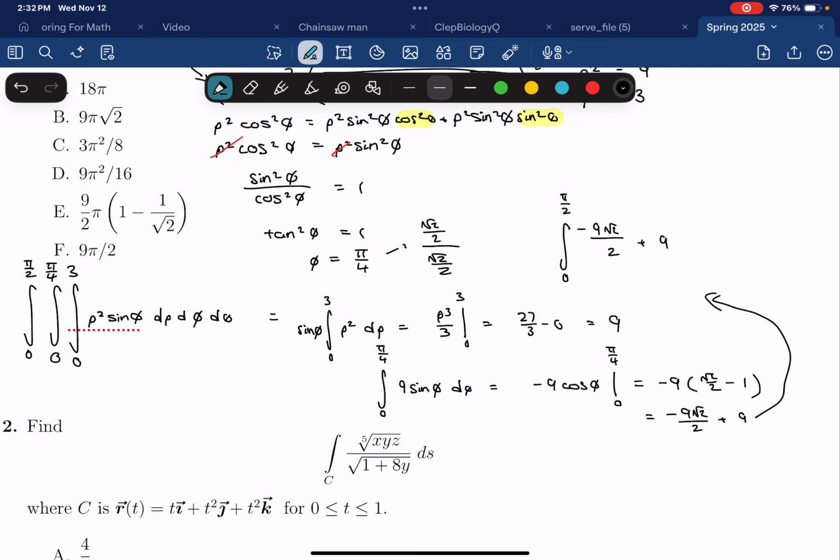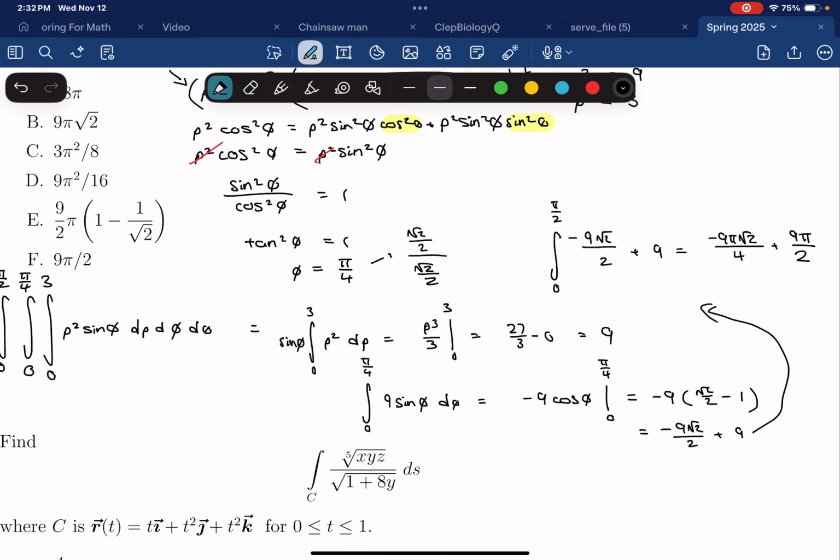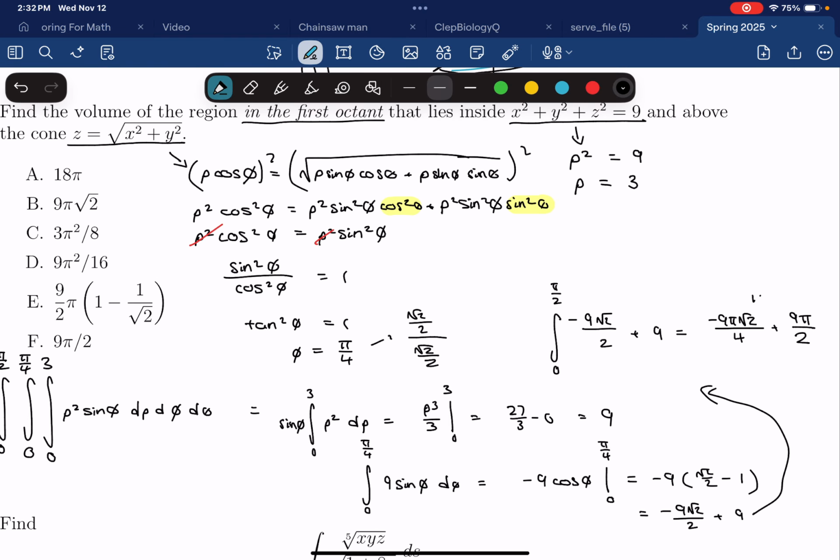Since we don't have any thetas in this case, we simply just multiply it by the theta, which gets you negative 9 pi square root of 2 over 4 plus 9 pi over 2. So I'm going to rewrite this as 9 pi over 2 minus 9 pi square root of 2 over 4.